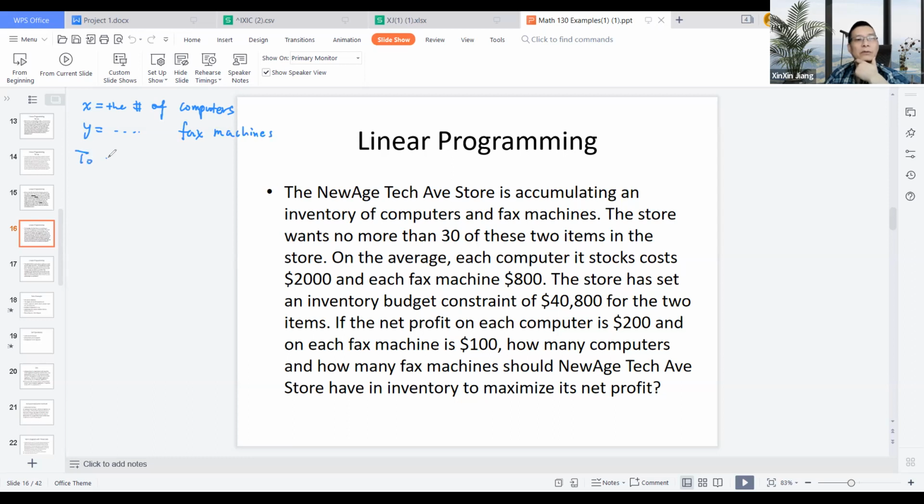We wanted to maximize the net profit as a function of X. You have $200 for the net profit on each computer, so you have 200X plus, and then $100 per fax machine, each fax machine. So we have that.